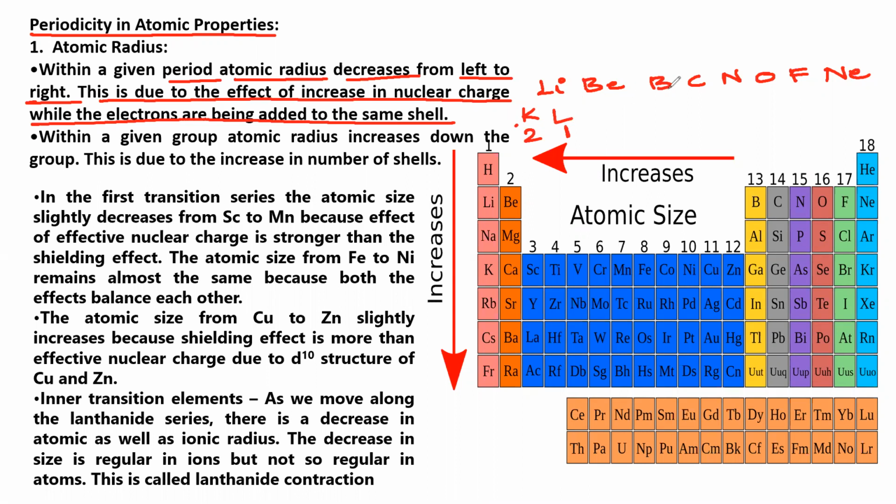So for beryllium, we have K2 L2. So one electron is added in the same shell, that is L, because atomic number is 4. Next for boron also the same, it repeats. So K2 L3 and so on. Like that we have up to K2 L8. For neon, last, we have K2 L8.